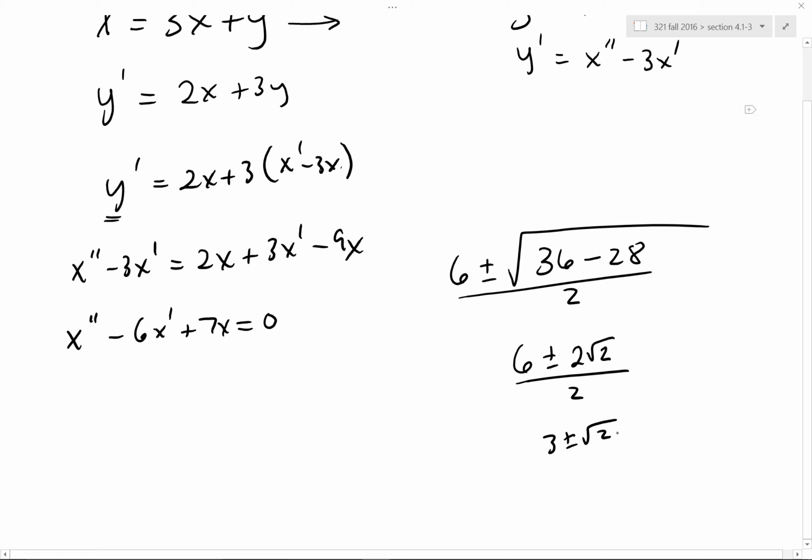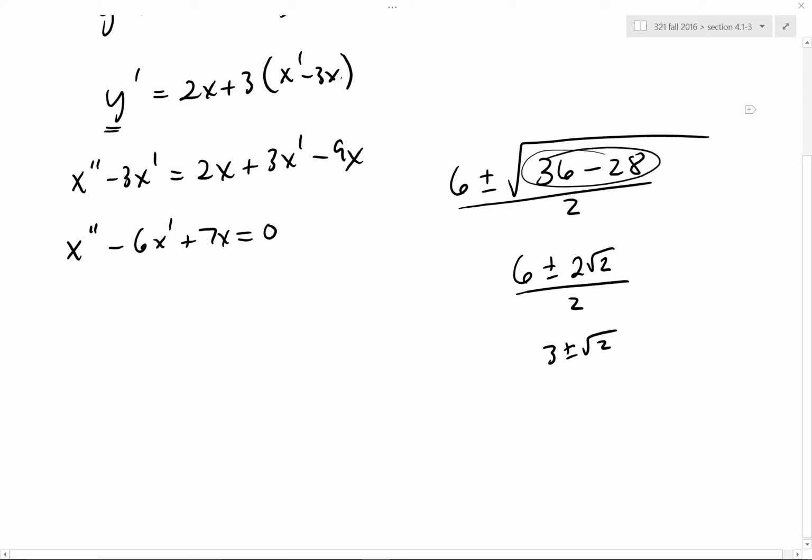That's the square root of 8 in there. So that's 2 square root of 2. So these are our eigenvalues, or I mean our solutions rather.